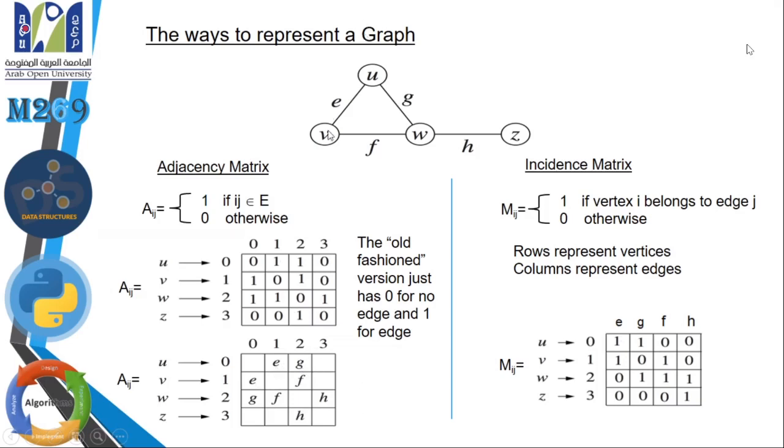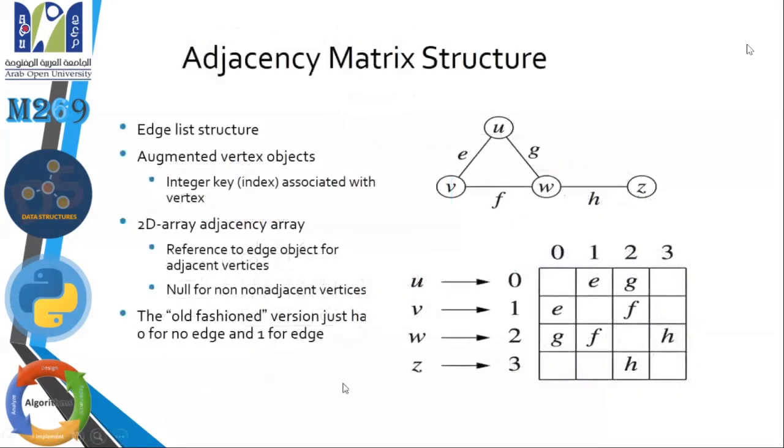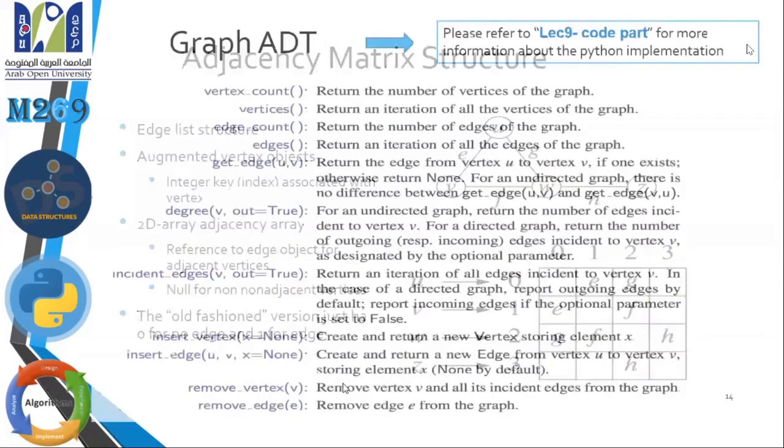As we said for cities, it could be the actual number of kilometers or hours it will take me from one city to another. It could be a water network connecting districts in a city, where you say there is a pipe 5 kilometers long connecting these two, and so on. So that is the idea of that one.